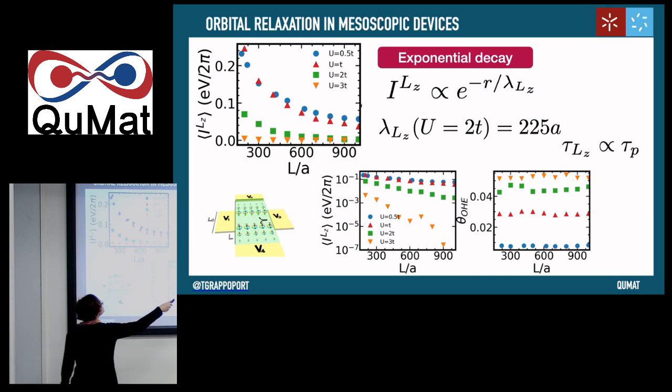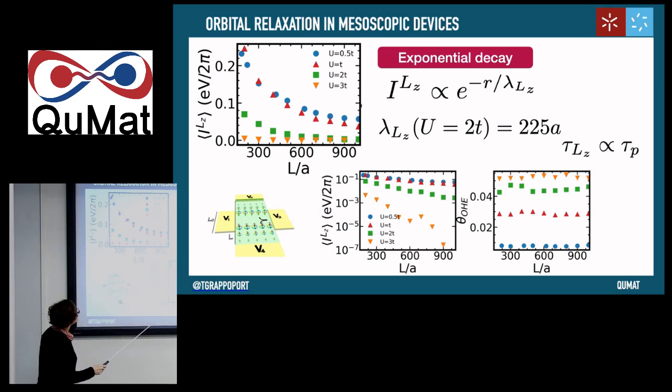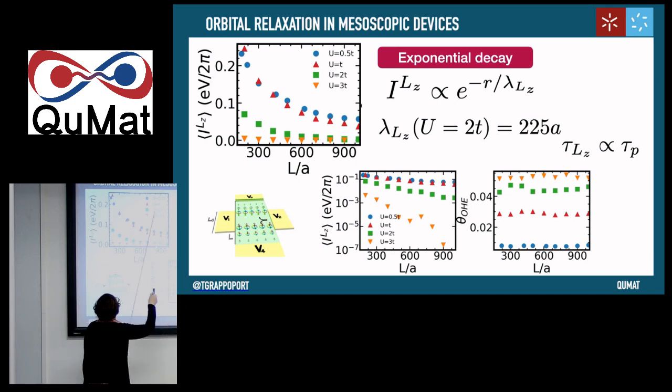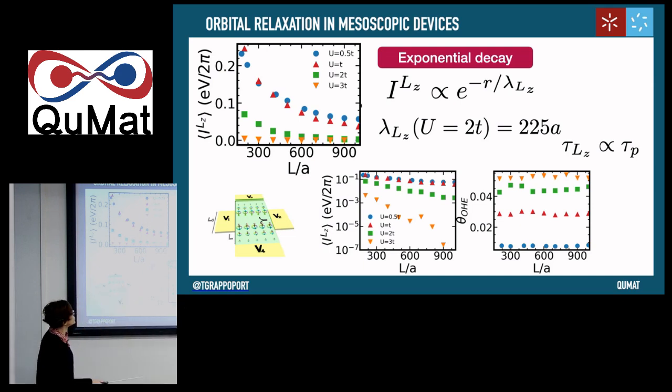So this is an exponential decay, and we can have the relaxation length for this type of device. For example, for this green curve, it's about 200 lattice constants. It's quite long.